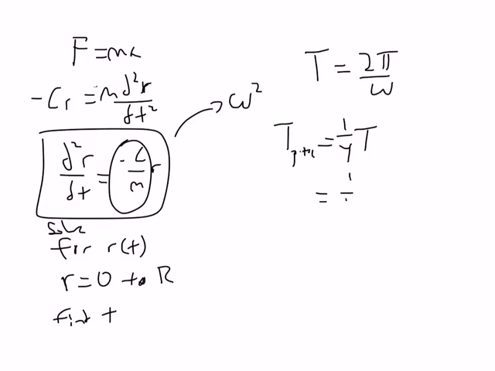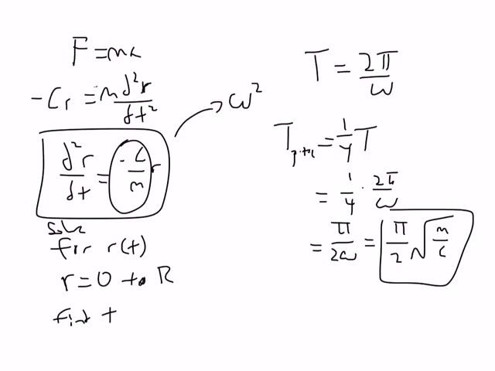So that's 1/4 times 2 pi over omega, which is pi over 2 omega, right? And since we know what c is, actually let's write it this way, pi over 2 square root of m over c. Right, so this right here is actually a solution for that time.